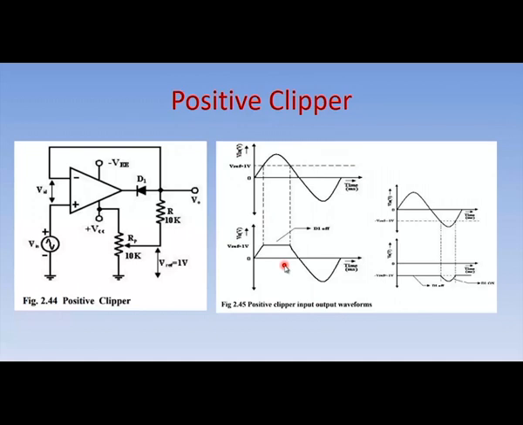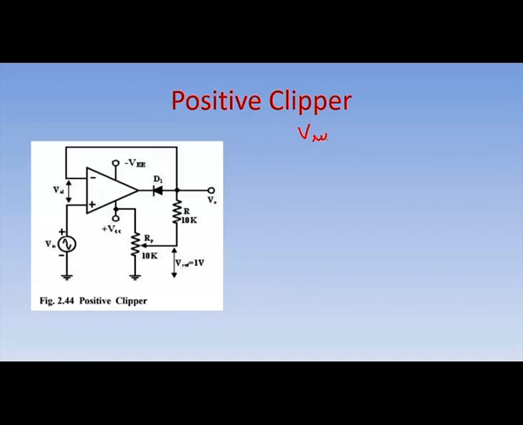Now we will look at how the circuit is going to work. If V reference is set as 2 volts and V in is varying between plus 3 volts and minus 3 volts, the values in the positive direction are 1, 2 and 3, and in the negative direction they are 0, minus 1, minus 2 and minus 3.